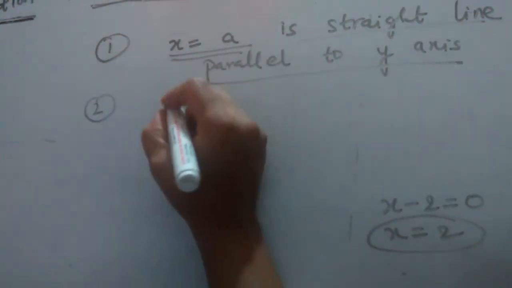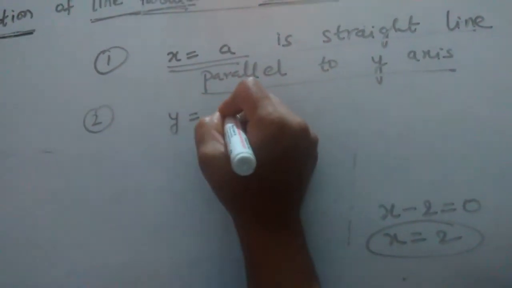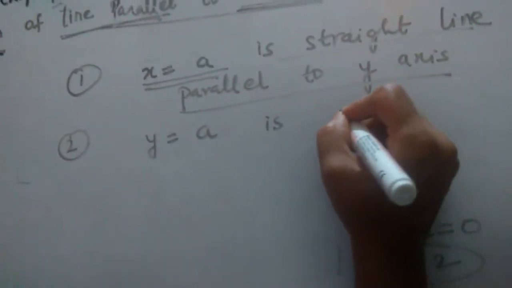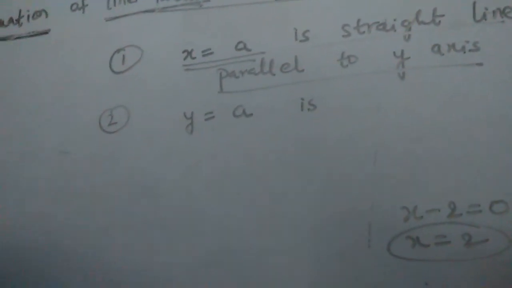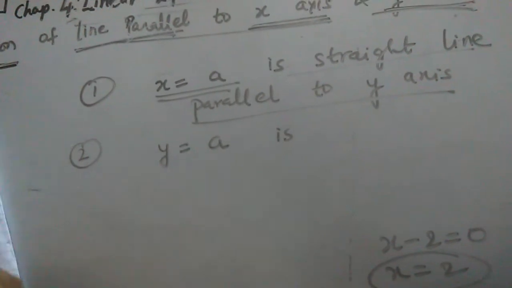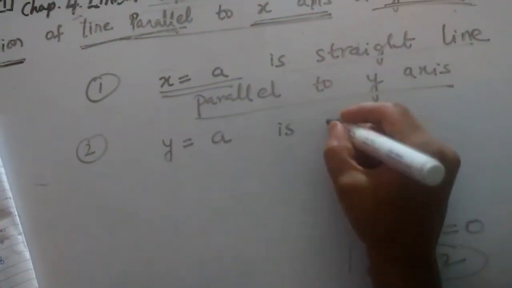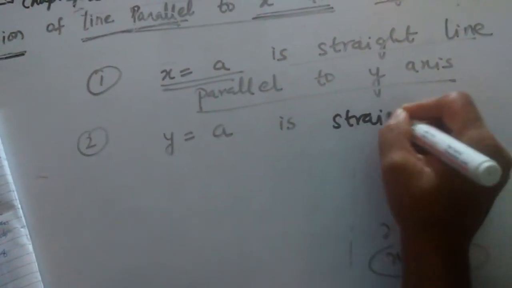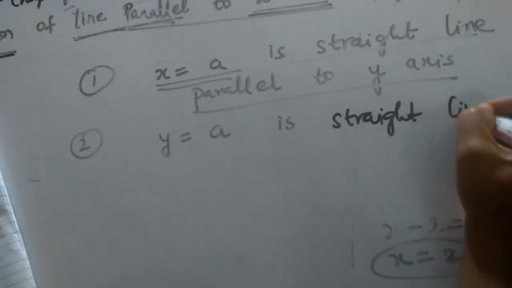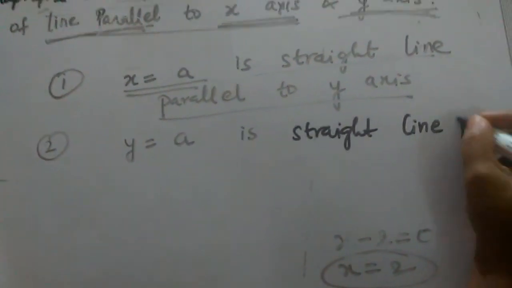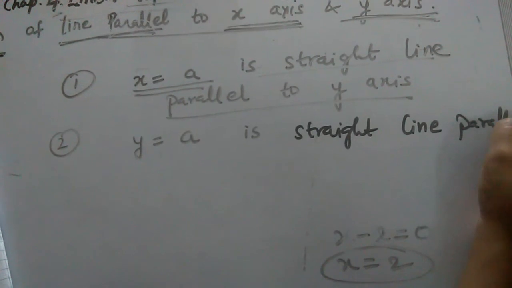Similarly, y is equal to a. This is a straight line. Y is equal to a is a straight line parallel to which axis?